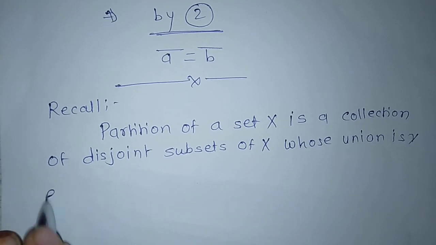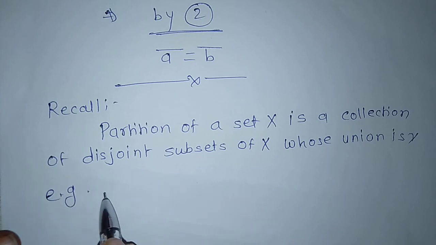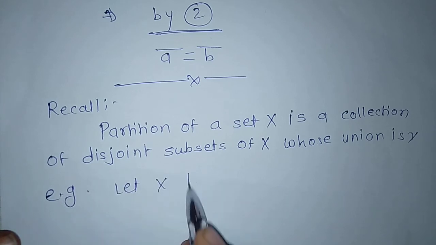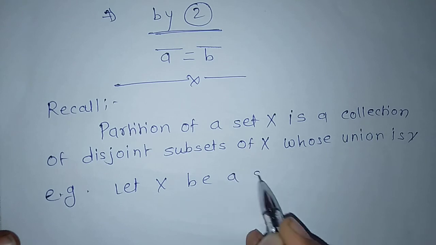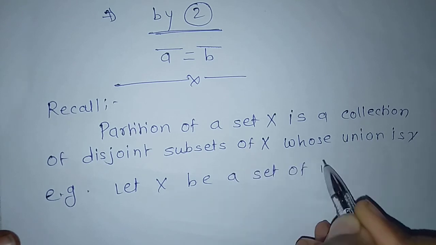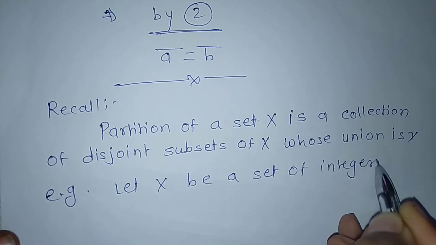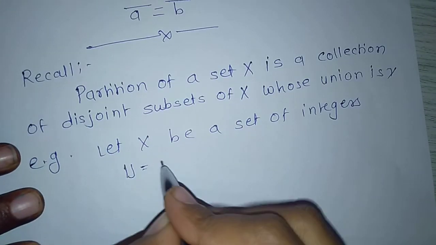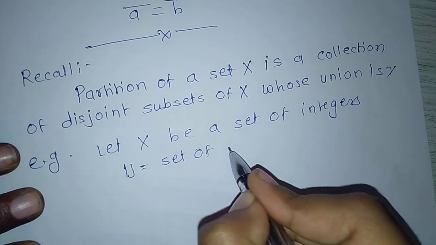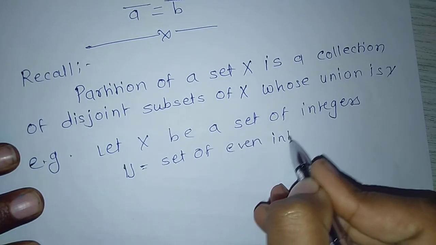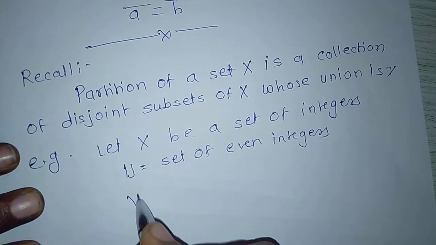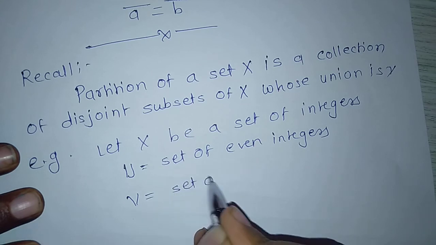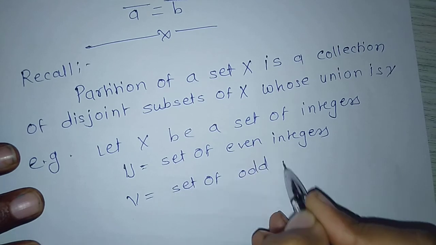For example, let X be the set of integers, let U be the set of even integers, and V the set of odd integers.